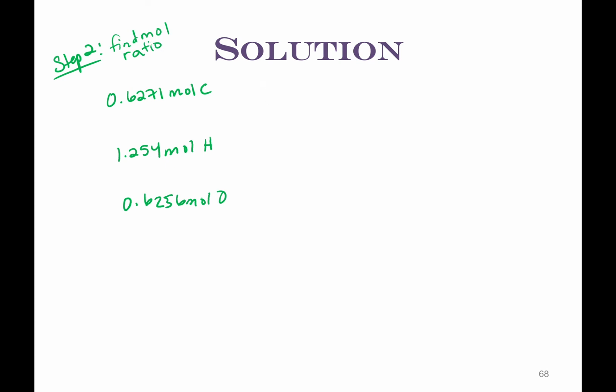All right, I'm going to divide by the smallest number of moles. Everything else is the same now, just those 2 pre-steps that we have. So what is the smallest number of moles, 0.6271 or 0.6256? I agree, 0.6256.